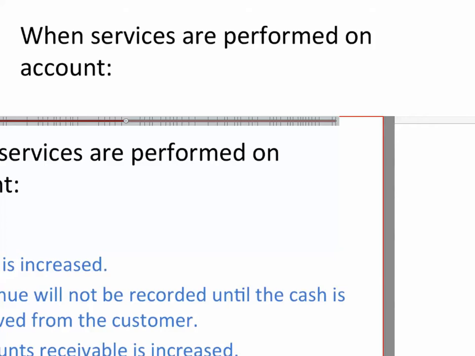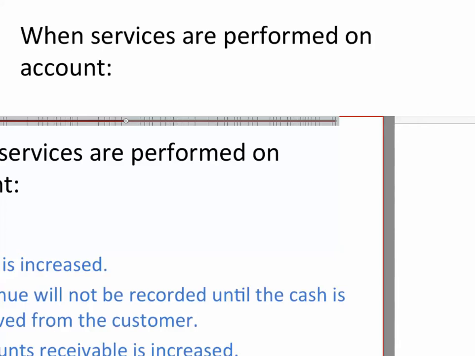When services are performed on account, that means we provided medical services. I'm just assuming a doctor here. The person owes us money, so that would be an accounts receivable. And when we perform those services, accounts receivable increases because now we have this asset. People are going to pay us in the future.